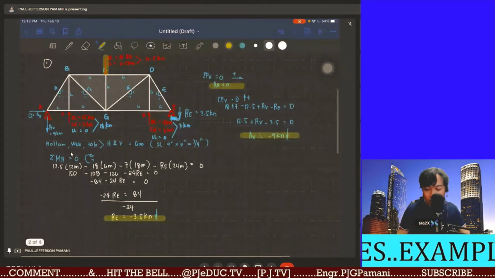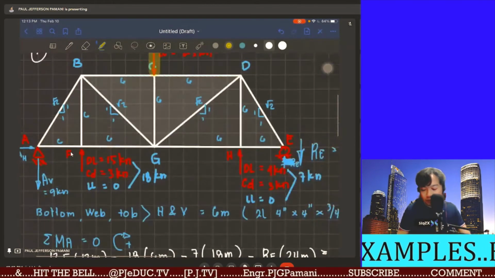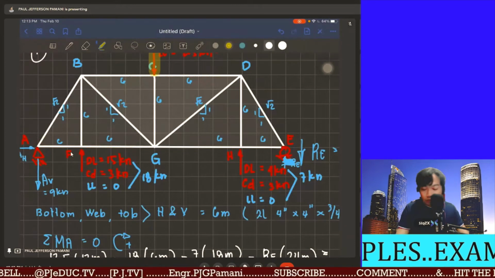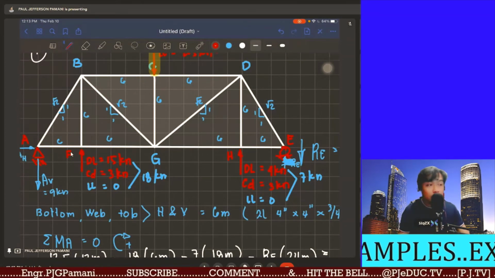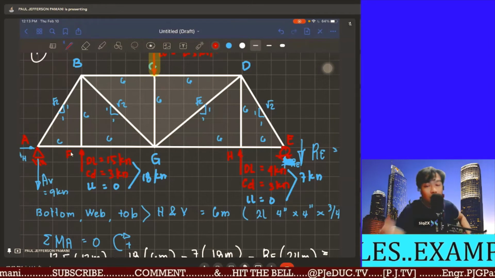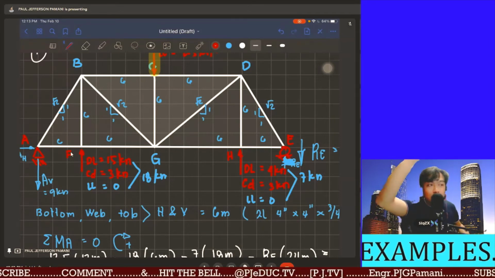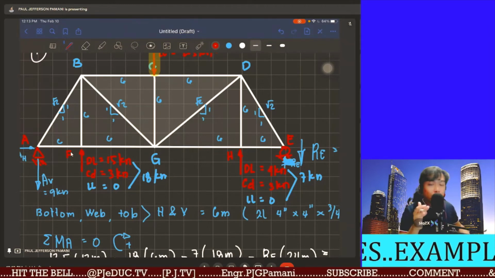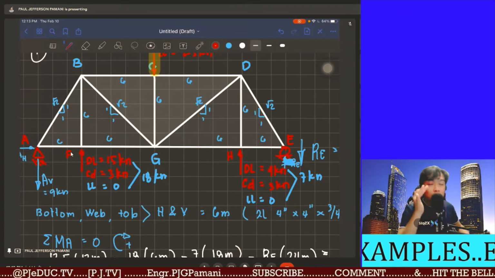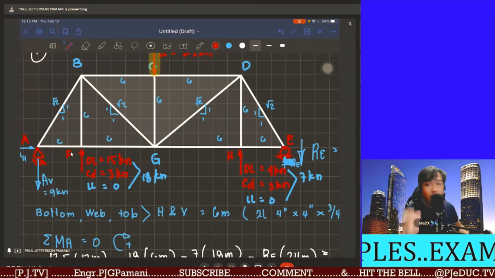Saan nyo gustong mag-umpisa? Ano ang condition in method of joints? Start or always start solving at a joint where there are only two unknown member forces.